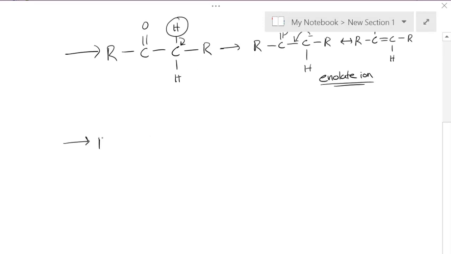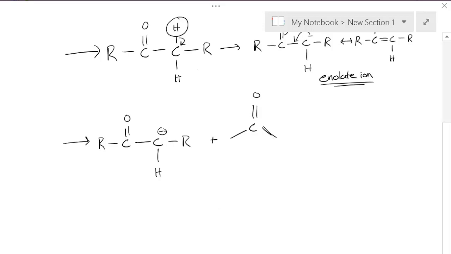Let's say we started with this enolate ion, and we were to react it with this ketone group. Now, if you remember Grignard's reagent, the same type of mechanism will occur here.